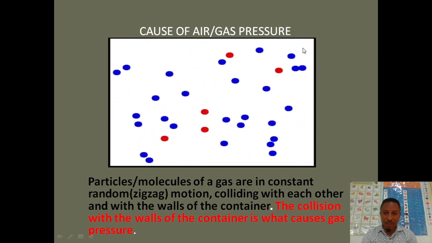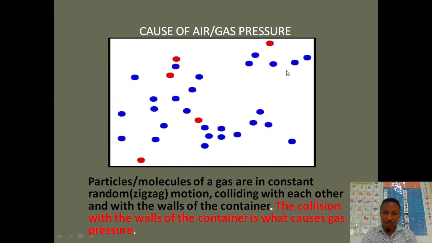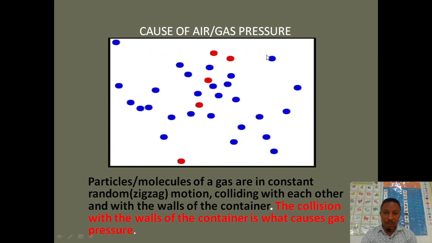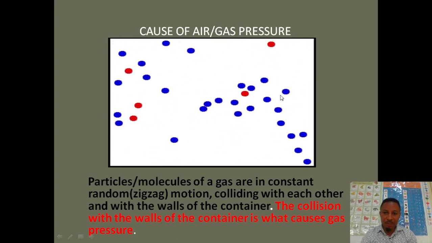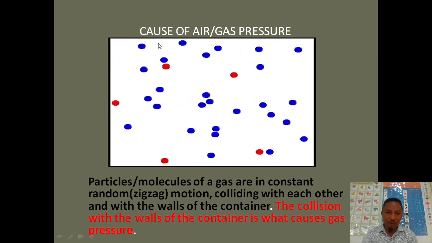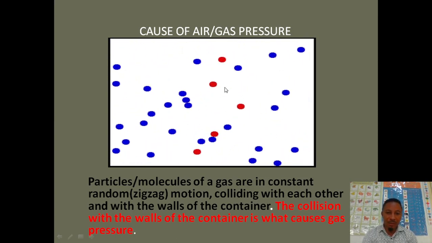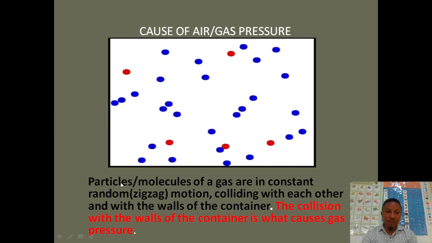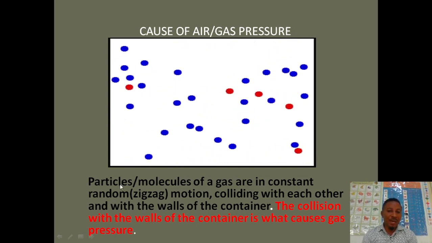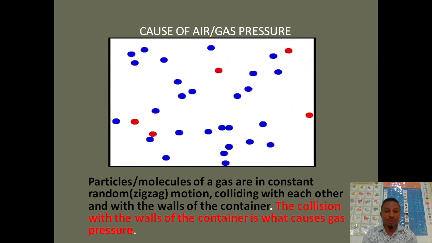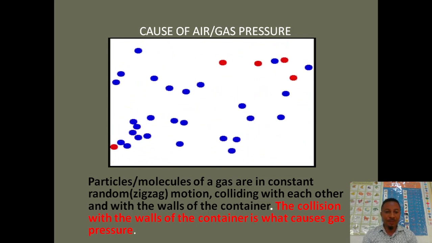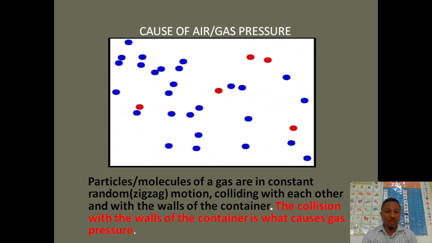Each time they collide with the container, they bounce back. Each time one of the molecules collides, it bounces back. So if I have a number of molecules colliding, they will of course bounce back. Did you notice it? So particles or molecules of a gas are in constant random motion, what you call the zigzag motion, colliding with each other.